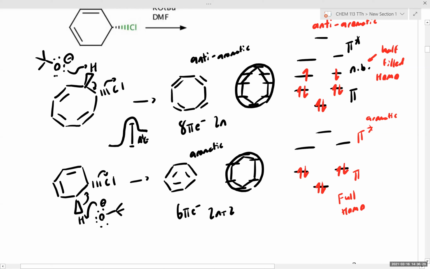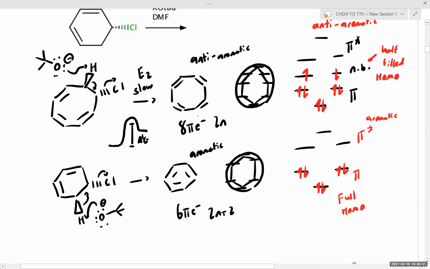And because during elimination, your transition state resembles your product alkene, the higher energy your product, the greater the activation barrier for this elimination. So we would expect elimination to yield an anti-aromatic system to be slow.